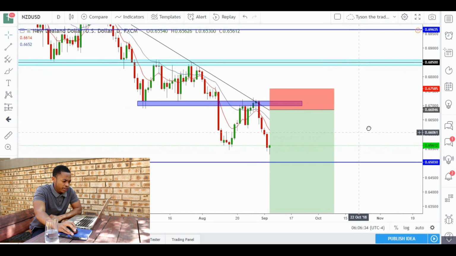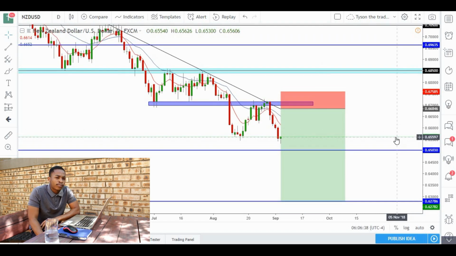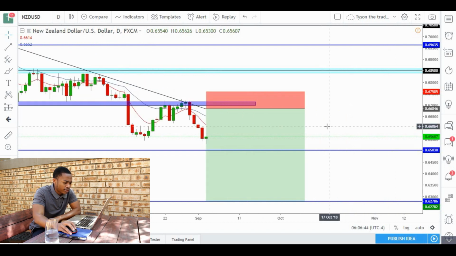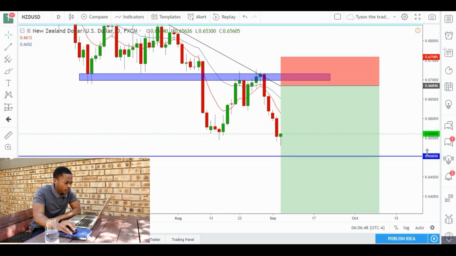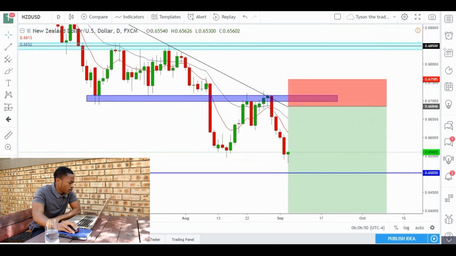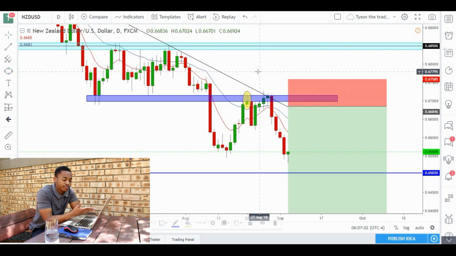And the third thing that we look for under the TLS method is our projection signal. If you look at this chart much closer, we had a projection signal here, which we call a classical bearish pin bar. Let me just highlight it for you guys. Right there, this is our bearish pin bar.